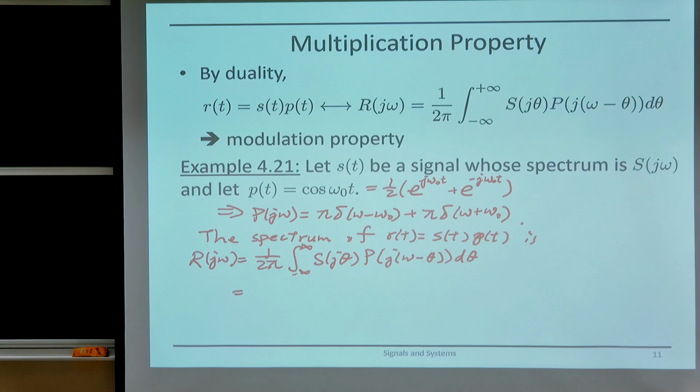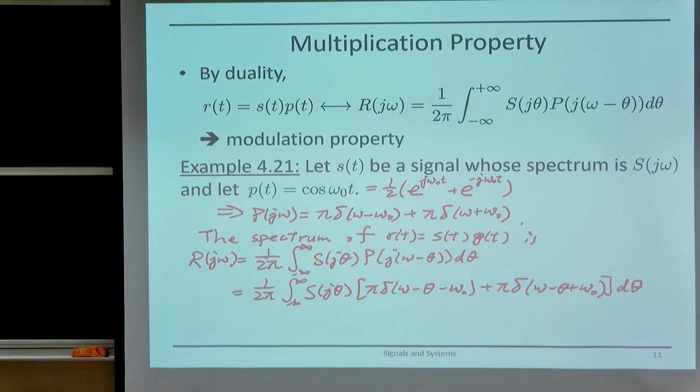Now let's substitute p inside this integral. So this will give me 1 over 2 pi integral of s of j theta times [pi delta(omega minus theta minus omega naught) plus pi delta(omega minus theta plus omega naught)] d theta.